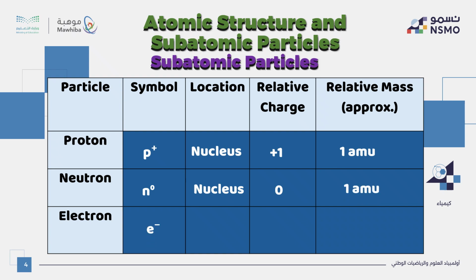An electron, with symbol E minus, is located in the electron cloud and has one negative charge and a much smaller relative mass of about 1/1840 AMU. This explains why electrons contribute very little to the total mass of the atom.